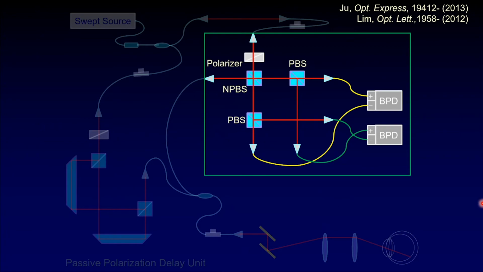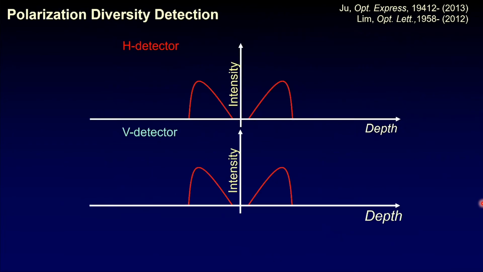Okay, by summarizing it, we can understand what is happening here. Now we have horizontal and vertical detectors, the polarization diversification units work. Okay, and here in the depth in the image, we have the OCT signal here, right? And this one is a mirror image.